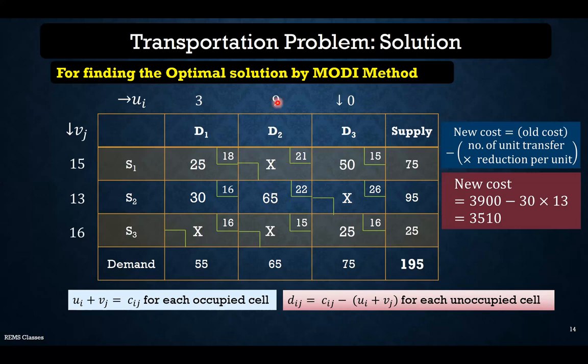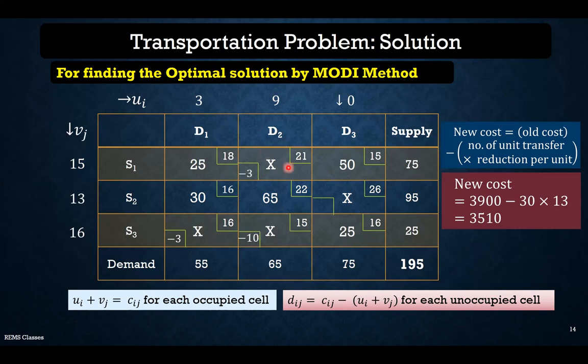The sum of 9 and 15 is 24, and 21 minus 24 will be... Oh, sorry, we have found this for this cell. So this 16 is equal to 16 plus 3, 19, and 19 minus this 16 will be minus 3. If this is 16 and this is 9, then this will be 25. 15 minus 25 will be minus 10.